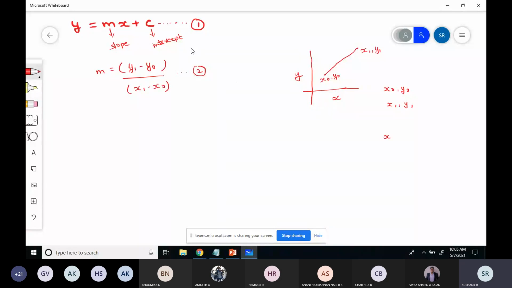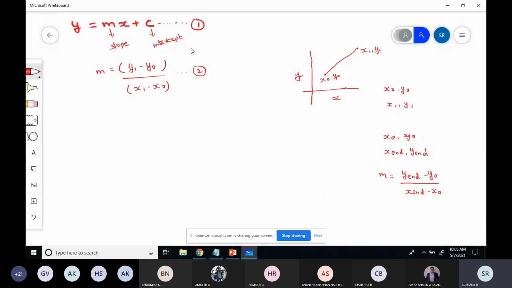If I take the end of the line as x end, y end, then the slope will be m is equal to y end minus y naught by x end minus x naught. We'll study this later. You should know how to calculate the slope: the difference between the y values divided by the difference between the x values.